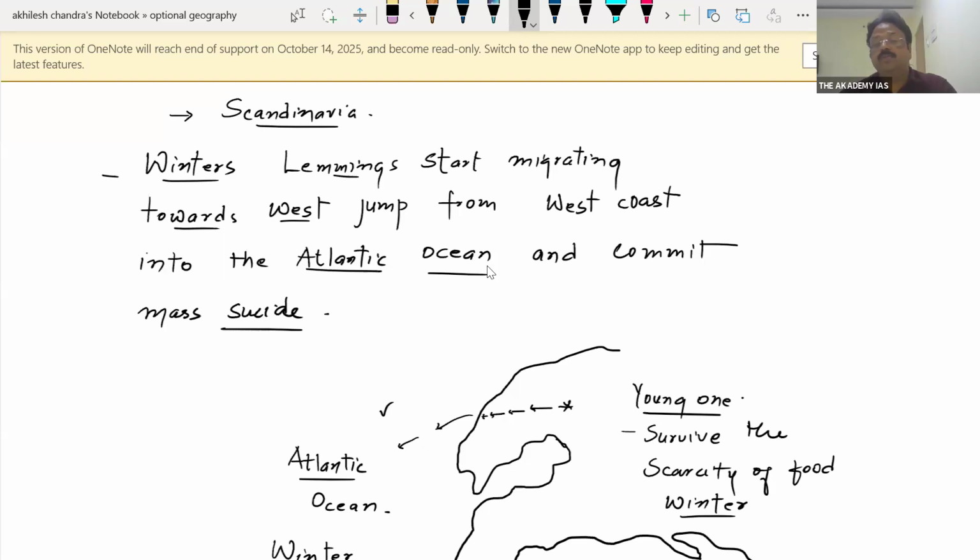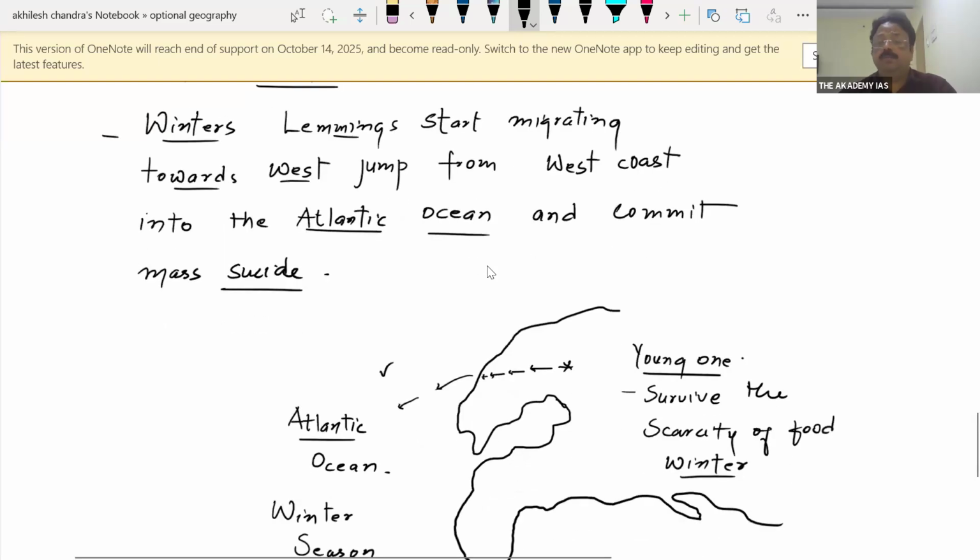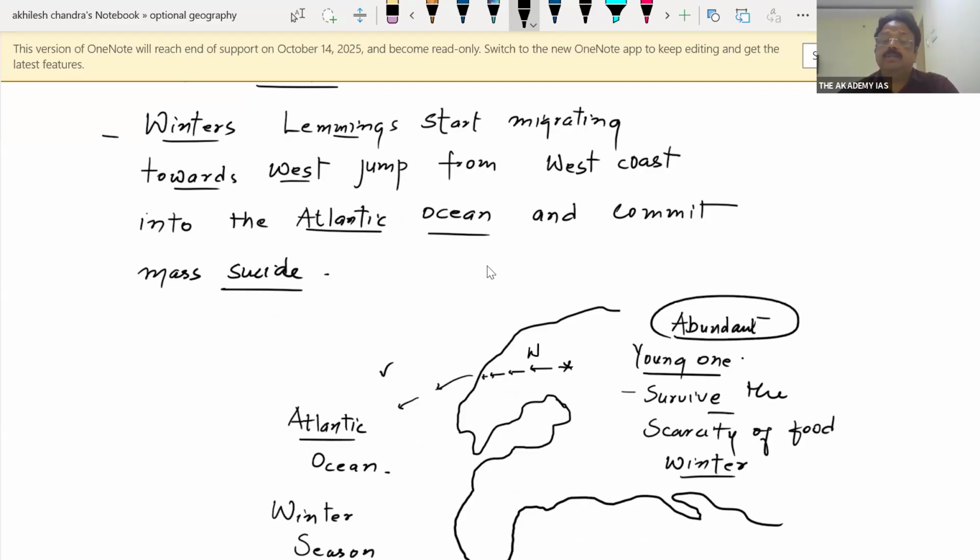Because on the advent of winter, they have abundance of population. Before winter, there was a lot of grass, so their population is abundant. But when winter is approaching, they start migrating towards west, and they jump from the cliff of Norway into the Atlantic Ocean, and they commit mass suicide.